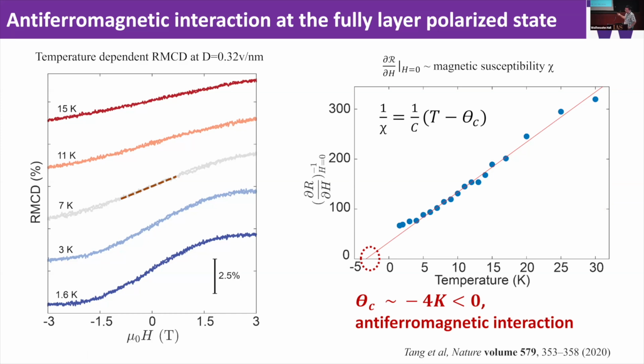The important point of this fitting is that the Curie-Weiss temperature is negative, meaning the magnetic interaction at a large electric field is antiferromagnetic. But we still don't know exactly what the order of this antiferromagnetism is. At least from these measurements, we know the interaction is antiferromagnetic, but we don't know whether it is a 120-degree Néel order or not.